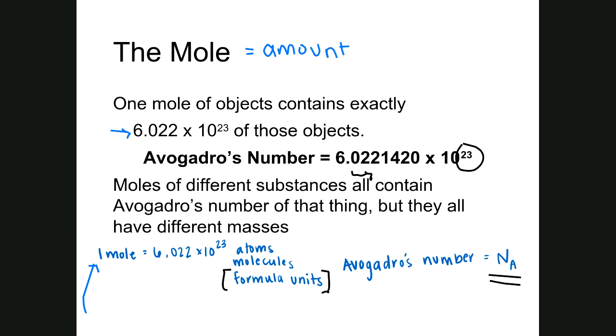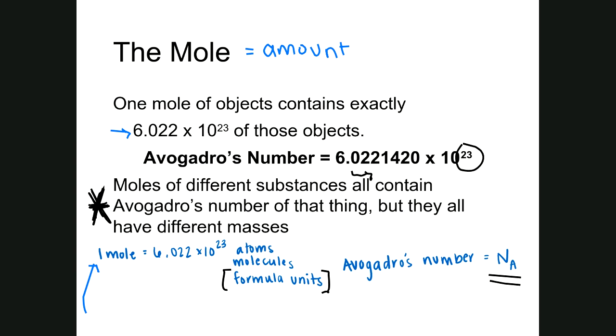So rather than talking about 10 to the 23rd atoms and using scientific notation for everything, we use the mole to make things a little bit more simplistic. But again, this is about the amount of objects that we have, and that's it. A mole can be a different weight for varying objects.